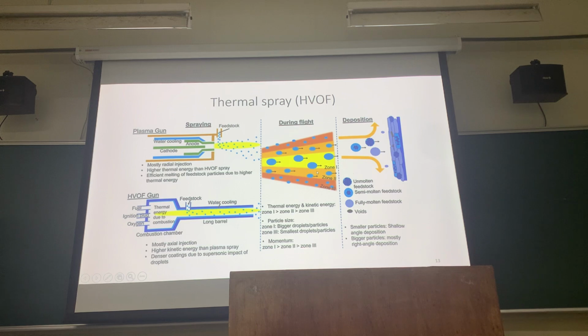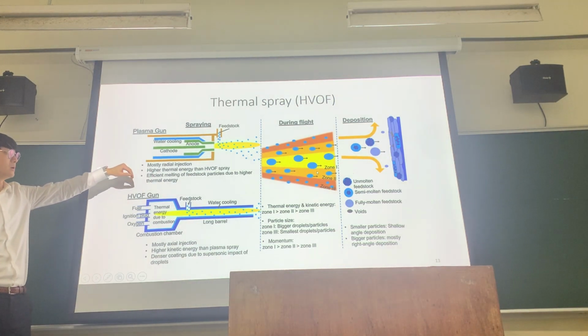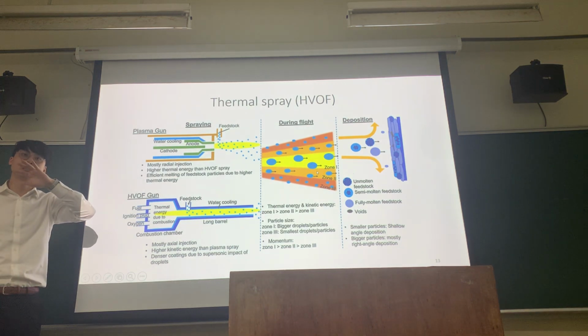I also have taken the liberty of taking this picture from online. I believe they did a great job comparing the plasma gun with the HVOF gun. So the plasma gun's distinct feature is that you have a cathode and anode, and a lot of times the powder doesn't play a role.